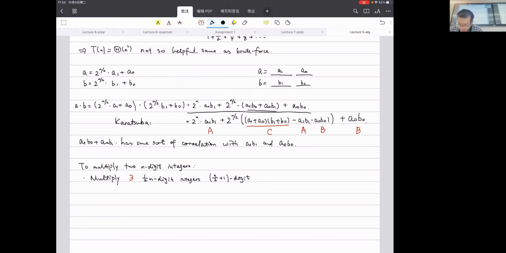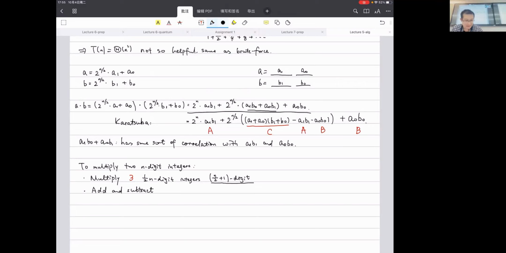But let's take this rigorously and look at what happens next. Next, we're going to add and subtract, because we do have some subtraction here, so we want to be a bit careful. But as you can imagine, both addition and subtraction only take linear cost. You just do it bitwise.